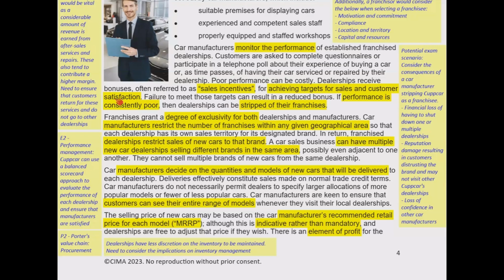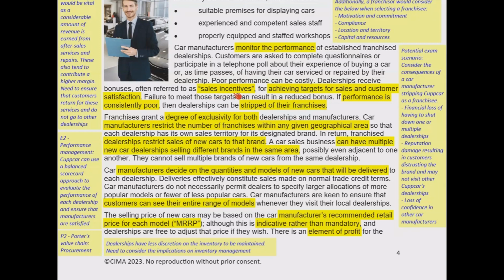Now there, I start to get worried about what if they don't achieve those? How much income might Cuppcar lose by not achieving these incentives? Later on, we get to see the gross profit made on new car sales, which includes this incentive.